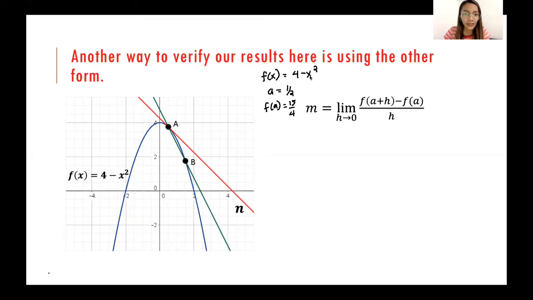Okay, a plus h. So, it will become m is equal to the limit of 4 minus, since x squared yan, a, since we already have the value of a, i-substitute na natin 1/2 plus h squared. Minus our f of a is 15 over 4 over h as h approaches 0.